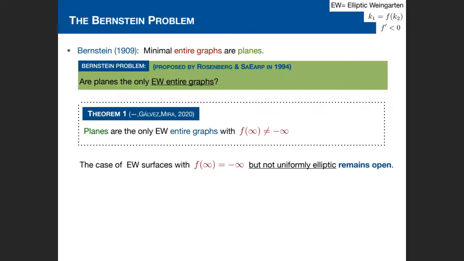So the case where f is not bounded but not uniformly elliptic, so f prime goes to 0 or to minus infinity at infinity, this case is the one that remains open after this theorem. Okay. And this is our contribution regarding the Bernstein problem.